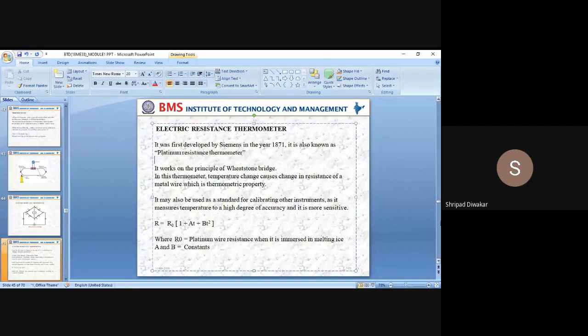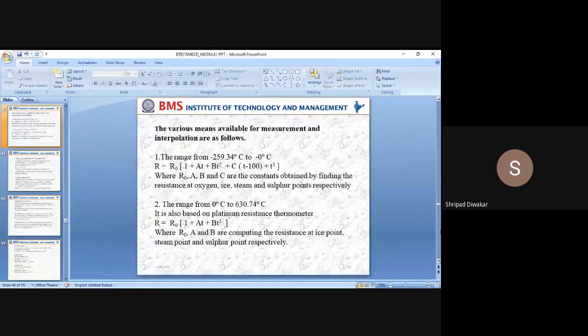In the temperature range from 0 degrees Celsius to 630.74 degrees Celsius, we use a platinum resistance thermometer. R equals R naught into 1 plus AT plus BT square. This temperature range follows the interpolation, where R naught, A and B are the standard values, computed from the resistance at the ice point, steam point, and sulfur point.